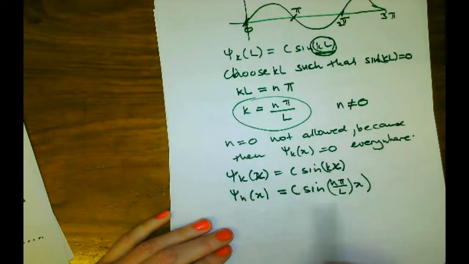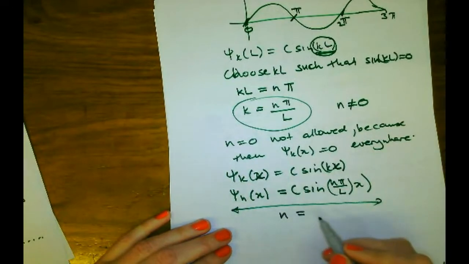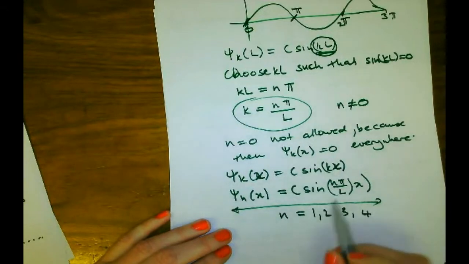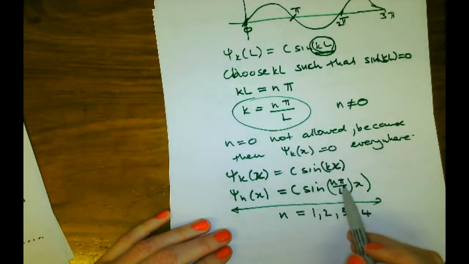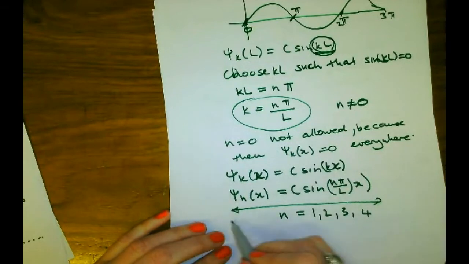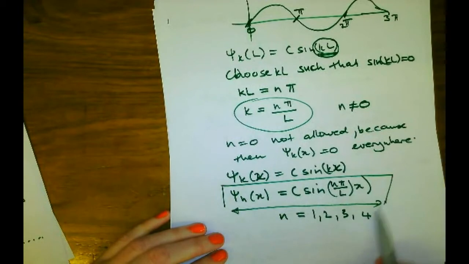So this is the general wave function of the particle in a box. And n runs from 1, 2, 3, 4, because at multiples of pi the sine function becomes 0. This is the expression of the wave function for the particle in a box system.